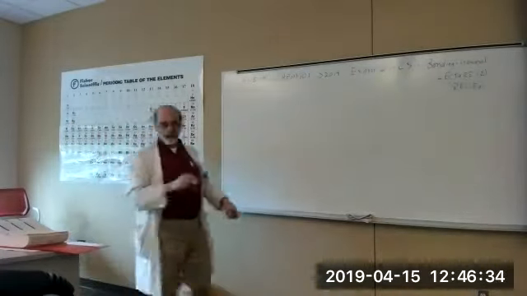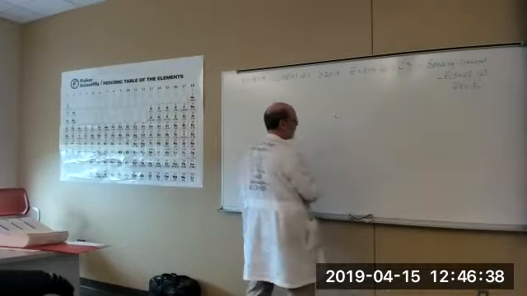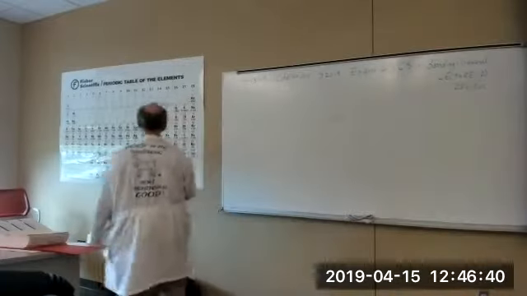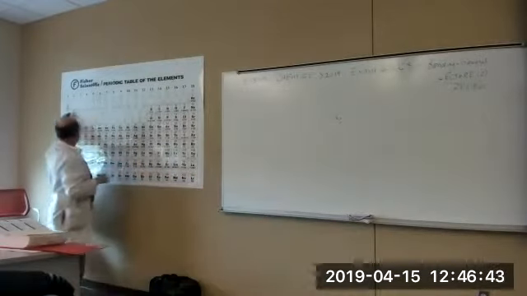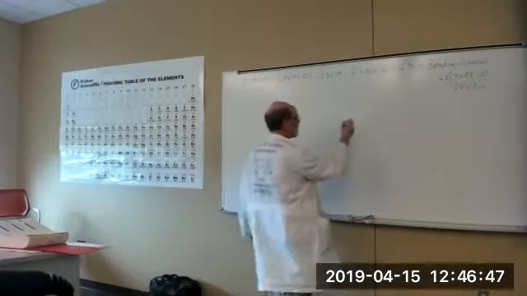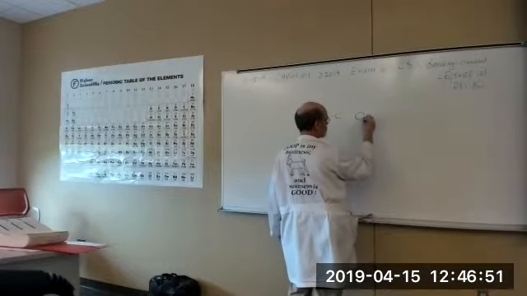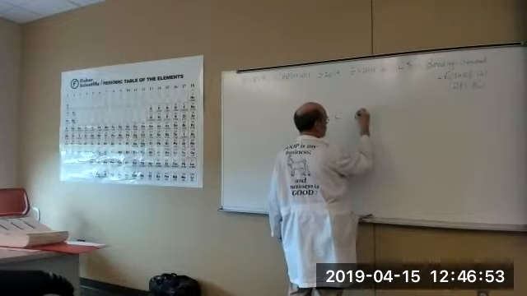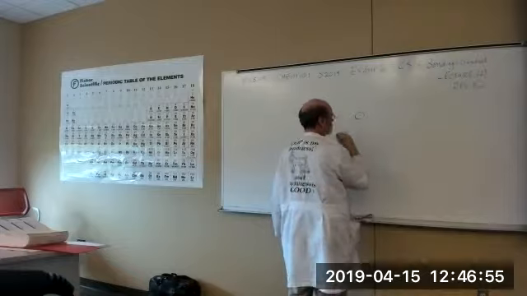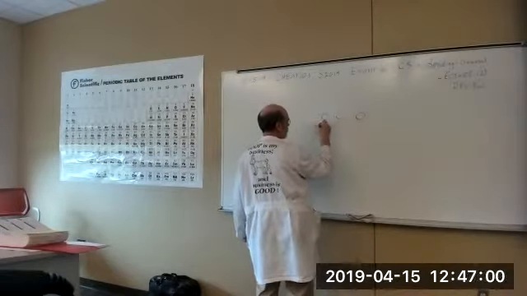Carbon has 4 electrons in its valence shell. And we would write the Lewis structure like that. Whereas oxygen is 1, 2, 3, 4, 5, 6. Oxygen has 6. Like that.